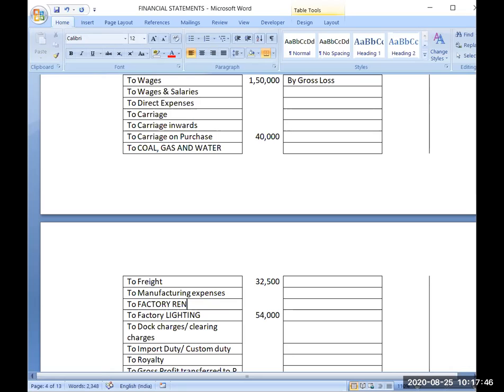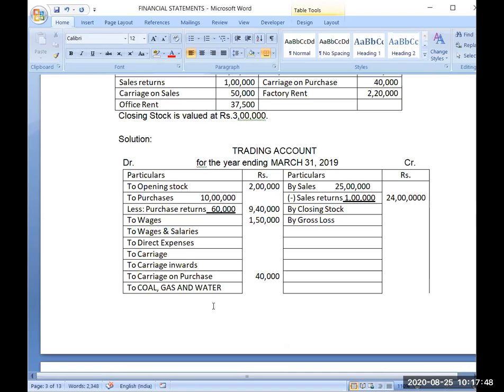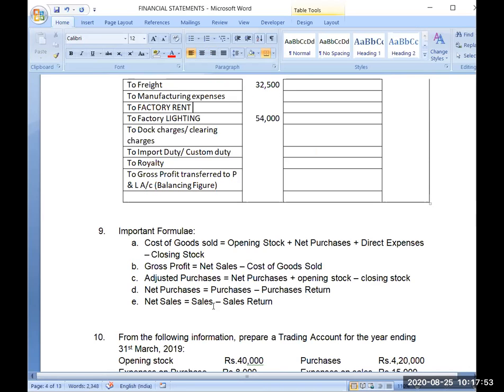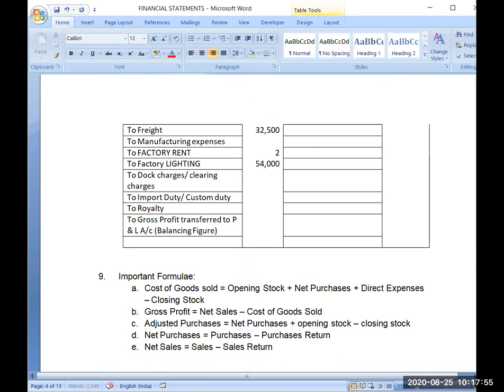Factory rent, and it is 2,20,000. Yes, please, till here it is clear.